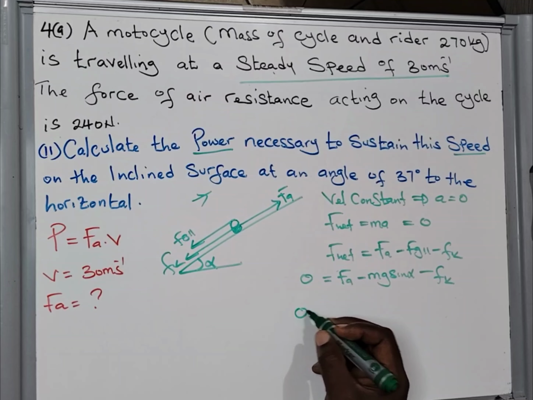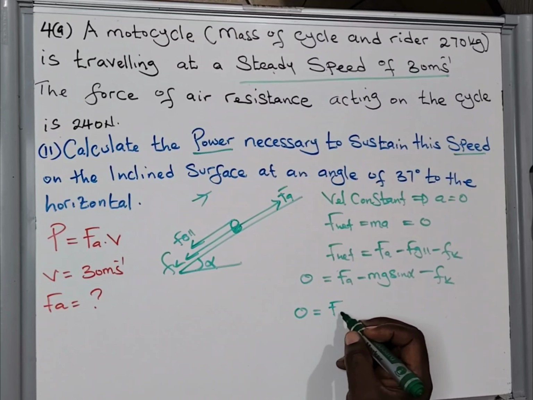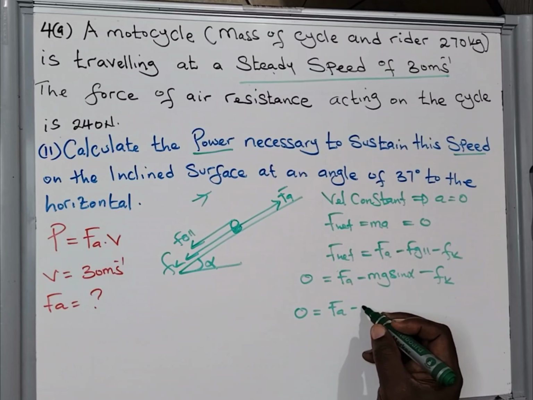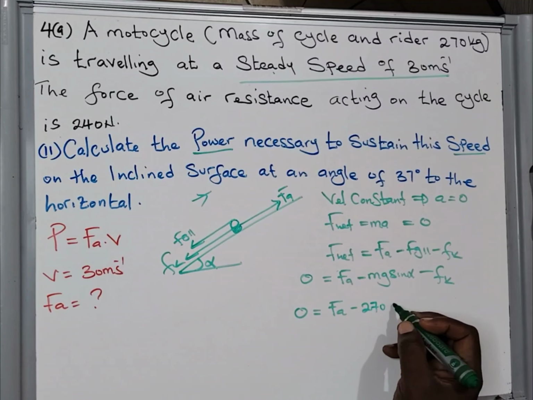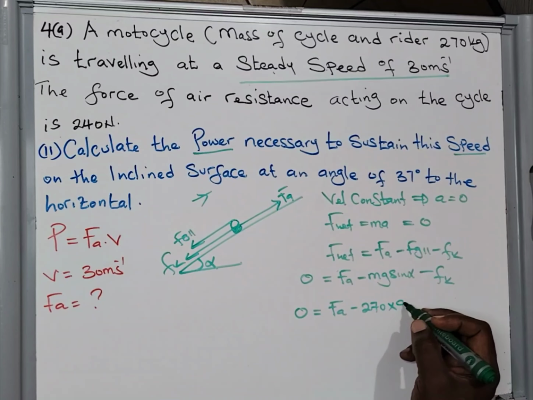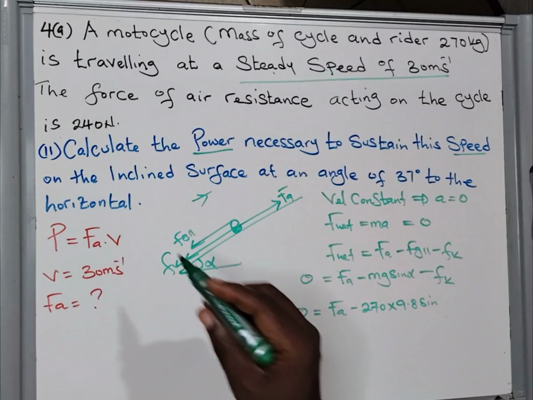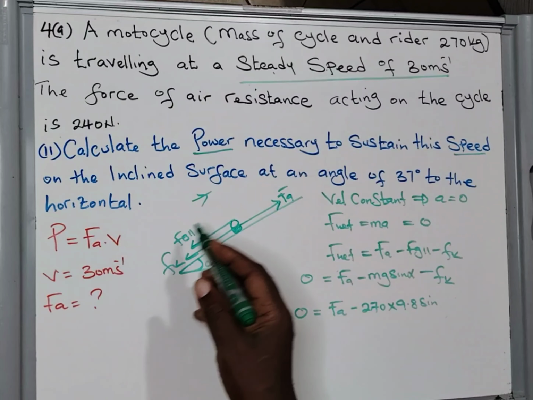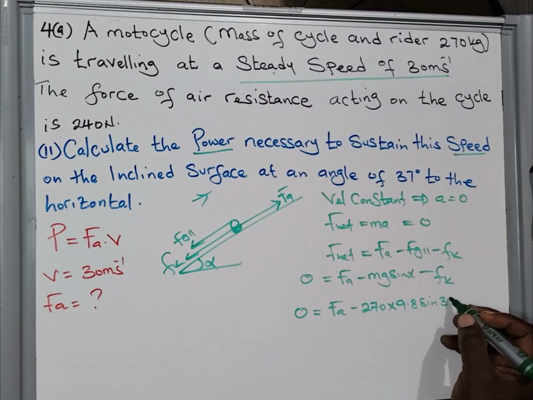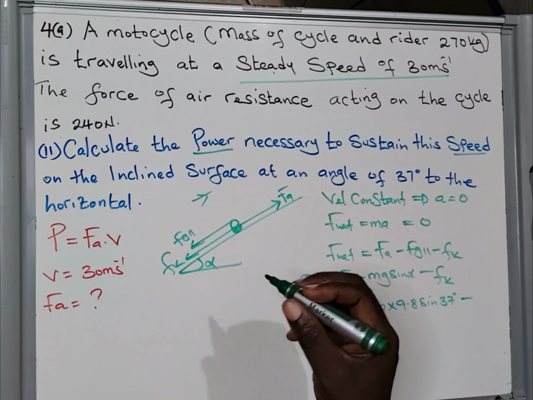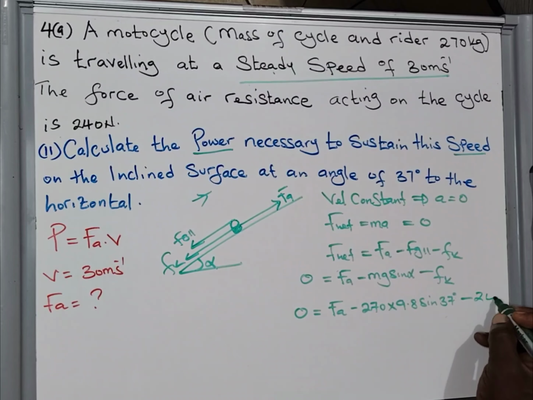You're going to have zero equals force applied, wanted, minus... the mass of the cycle and the rider is known, 270, times g sine of the angle of inclination, which is 37 degrees, minus resistive forces, which is 240.